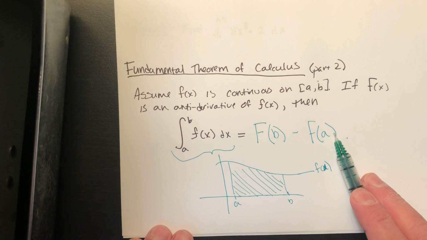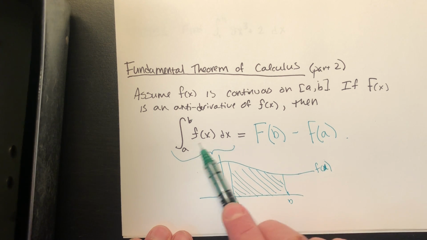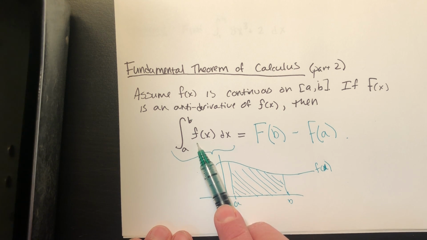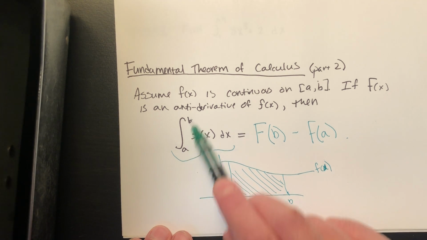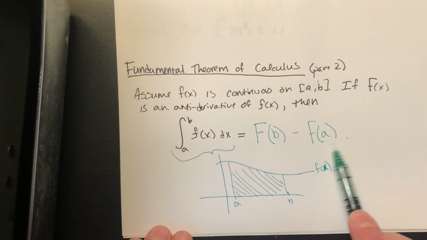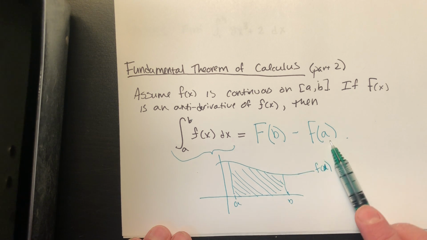We don't even have to try to figure out some shape that's roughly like this to estimate it. We can find this exact area by taking the antiderivative of this function, going backwards, and then just plugging in the two endpoints, b and a, and subtracting big F of b minus big F of a. So it's the antiderivative evaluated at b minus the antiderivative evaluated at a.